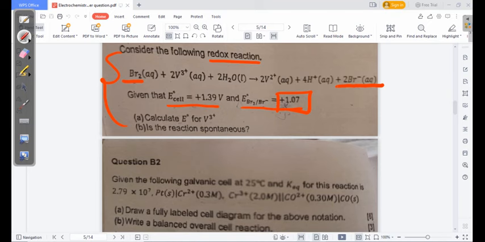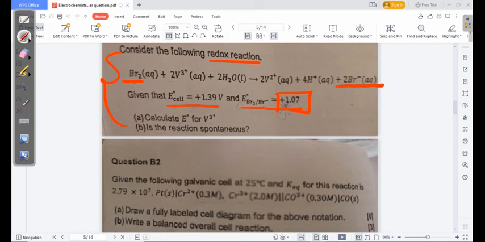Okay. So do you feel bromine in this case is being reduced or it's being oxidized? What do you think? Is it being oxidized or it's being reduced?